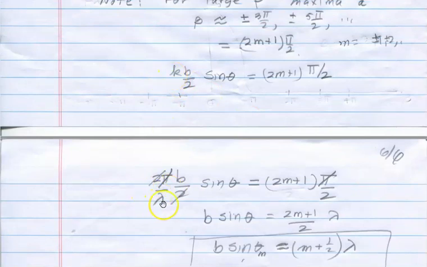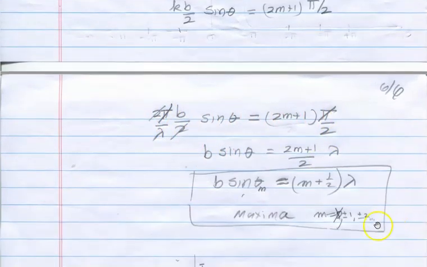K is 2 pi over lambda, b over 2 sine theta. Again, you get a cancellation of pi's, and then these 2's cancel. And you can multiply lambda across, is the way it's usually shown. And then usually they go ahead and divide this out, so you get m plus a half lambda. And you get relative maxima at these expressions here.